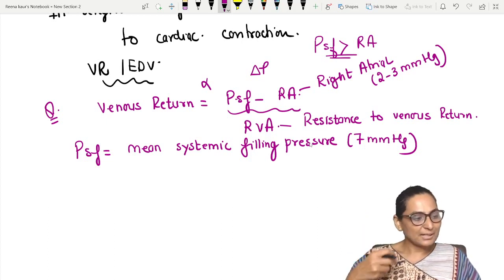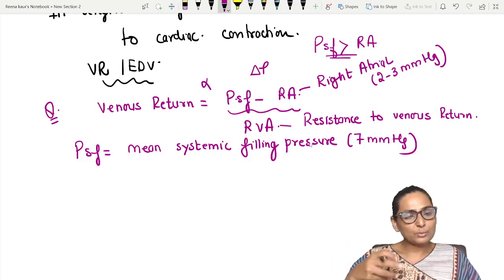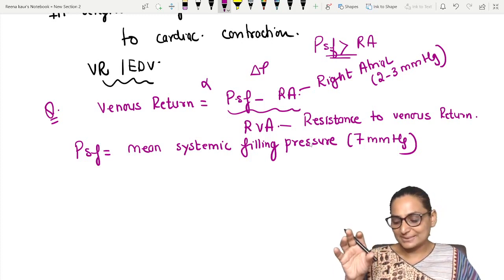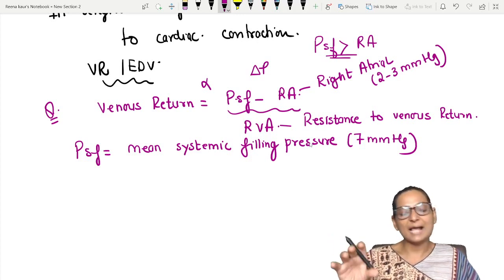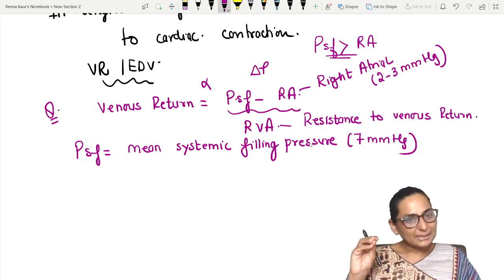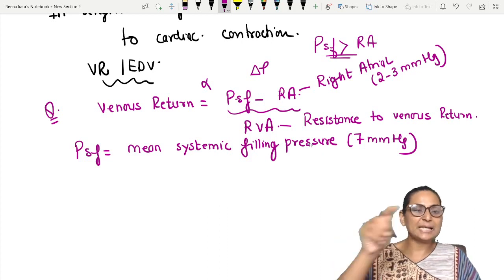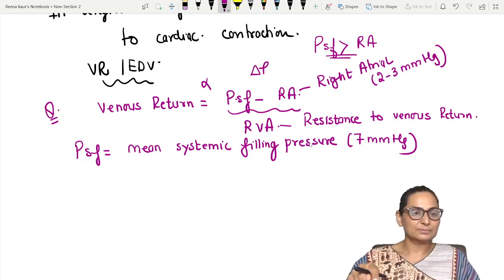For example, artificially you are producing some electric shock, and पूरा का पूरा जो circulation है, it comes to a standstill. At that point, there will be an equilibrated pressure, same pressure in the entire circulation. That is what is the mean systemic filling pressure.